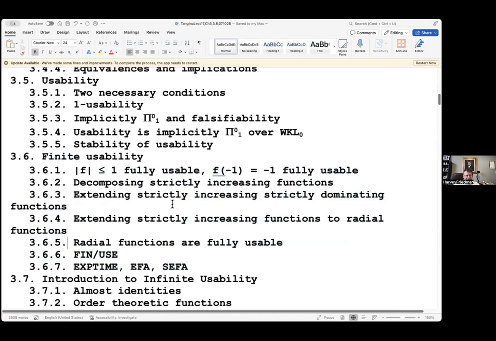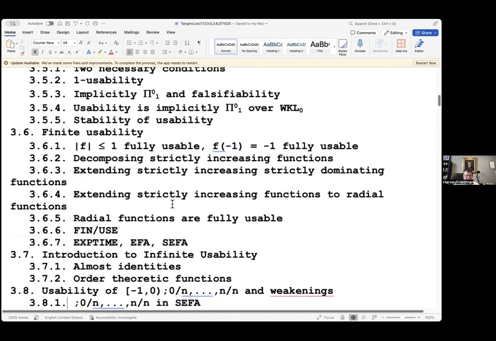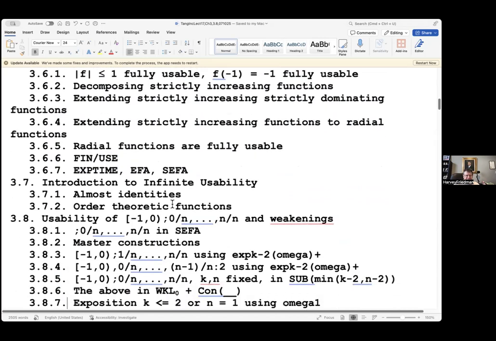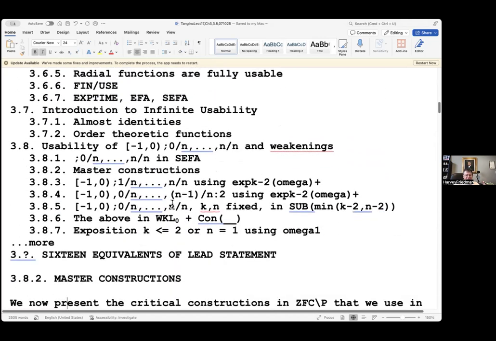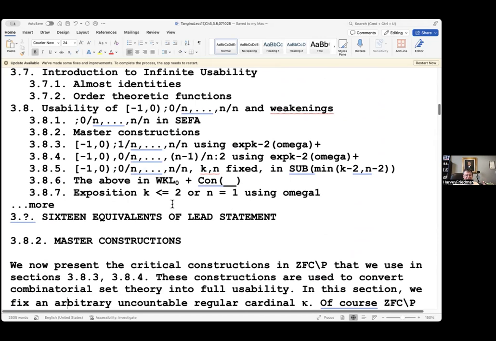Then we got into infinite usability. That means that we're talking about usability of a function that's infinite, i.e. infinite domain. And that's where the connections with set theory come in. And so we only do some very simple ones. An almost identity is an identity together with a finite function.